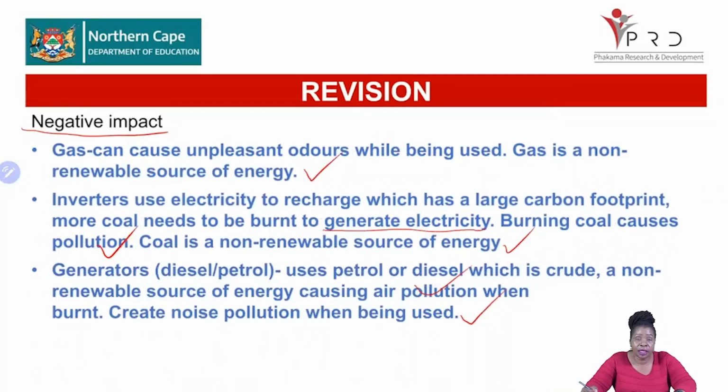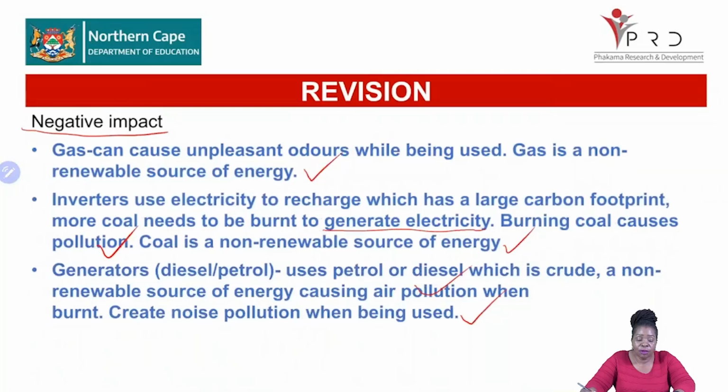That's the negative impact of alternative sources of energy that are used by households during load shedding. So please take note that when answering this question, you will have to look at the positive impact as well as the negative impact of these alternative sources of energy.